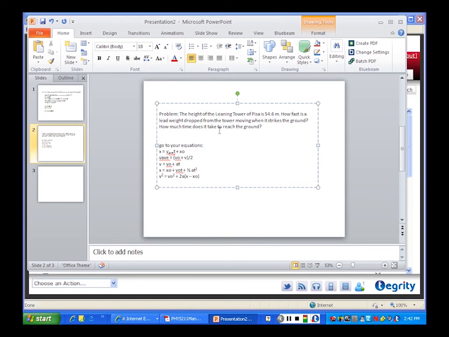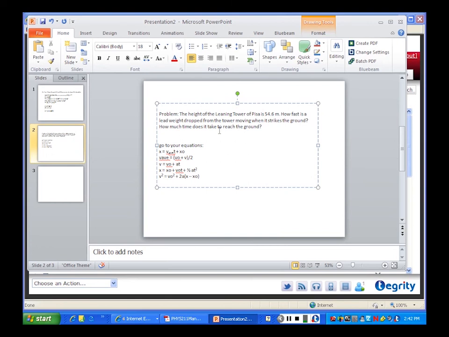In this case, you've got a vertical problem, so we have two choices here. We could designate the ground as the 0 point, or we could designate where the object starts as our 0 point. It won't make any difference in the time it takes, and it's only going to make a difference in the direction of the velocity.